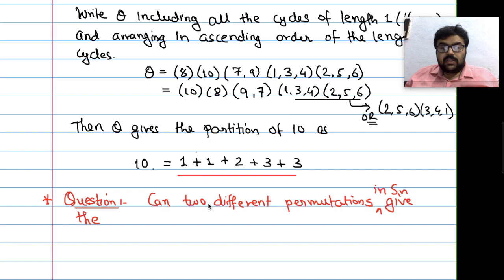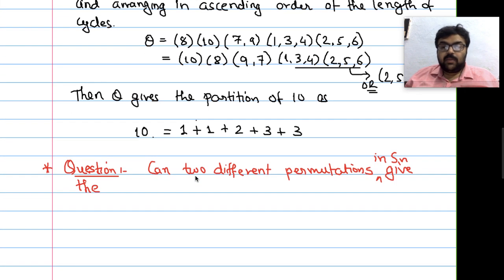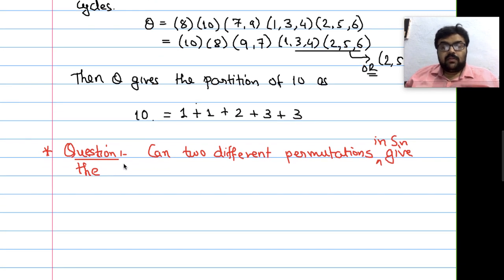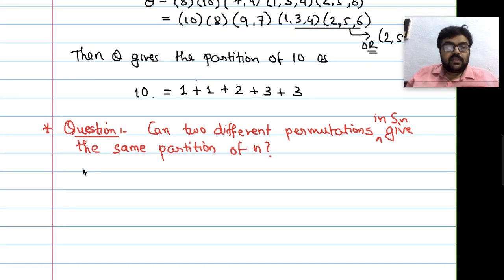Is it possible? That is the question: can two different permutations in Sn give the same partition of n? And if yes, then what is the relation between them? This is what we are interested in.